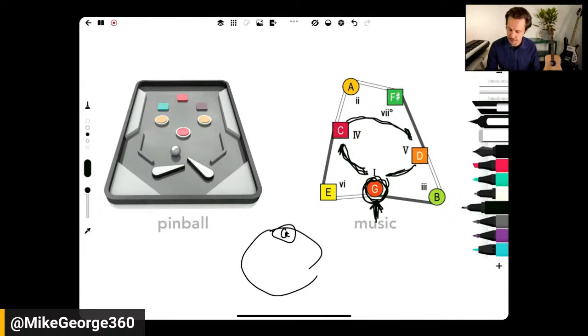So this illustration is from lesson 7. And as you settle back in, just like the pinball can bounce around and make its way and then eventually come back down to the gravity, the musical gravity of the tonic, eventually the chord progression is going to resolve to that tonic.